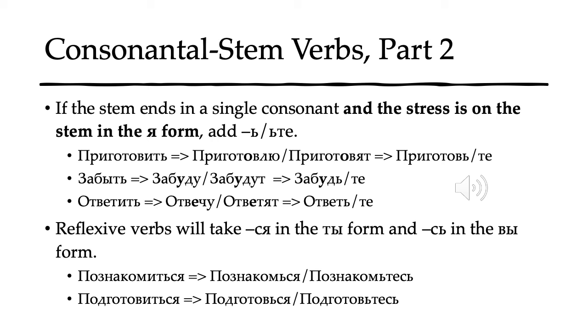And again, there's not a huge number of verbs in this group, but there's a handful, about half a dozen of very important ones, which are often used in the imperative, so memorize those particular forms. There are a couple of reflexive verbs that are important to know in this form, and they are going to take ся in the ты form and сь in the вы form.